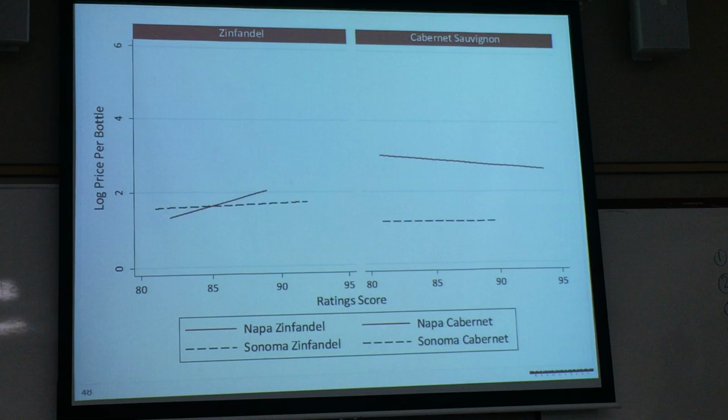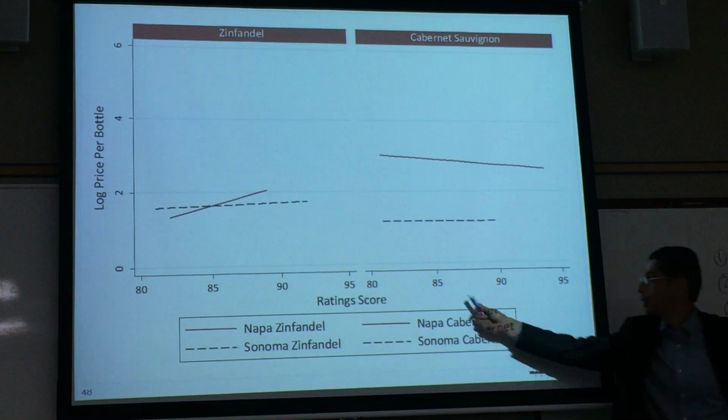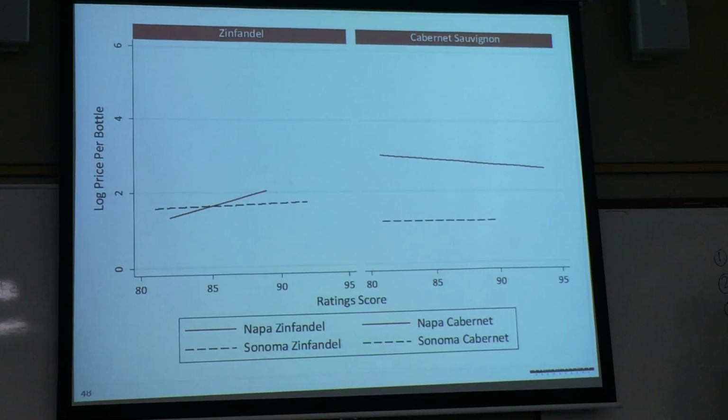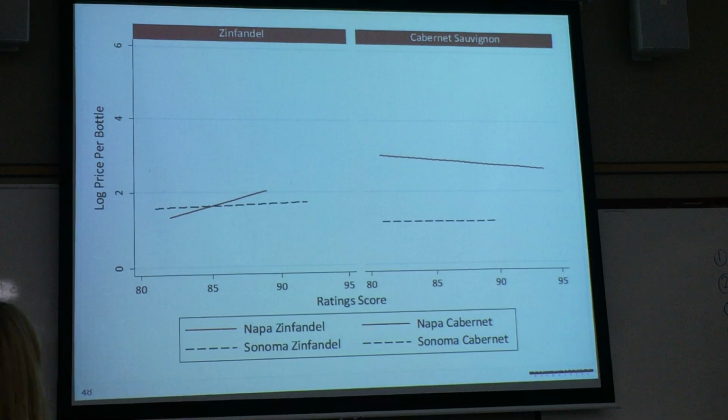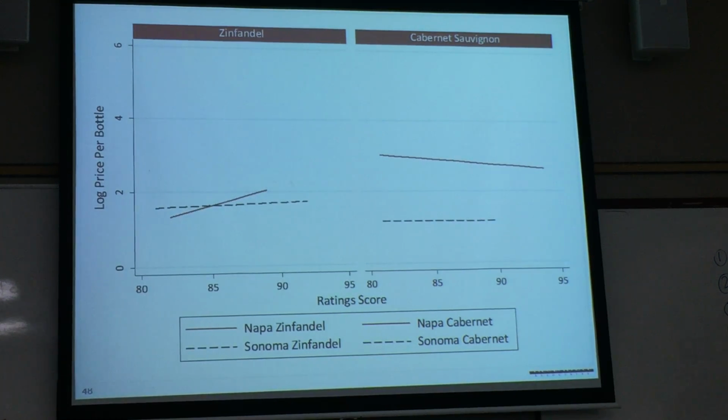Now, one more question I had was, what if these effects differ across different ranges? That is, would we expect the same result from a low ranked cab as we would from a high ranked cab?